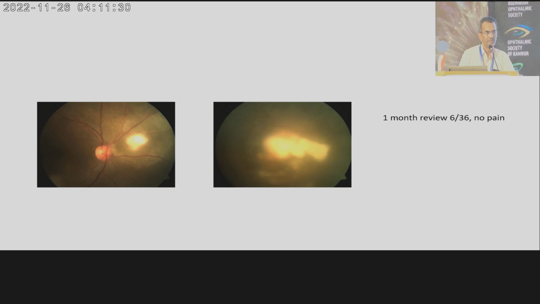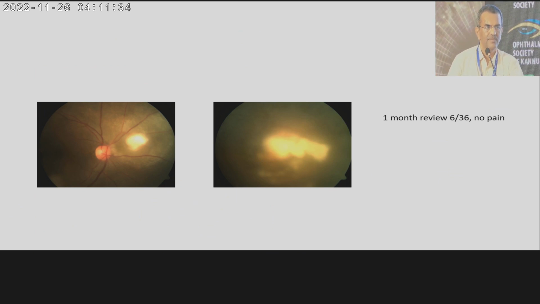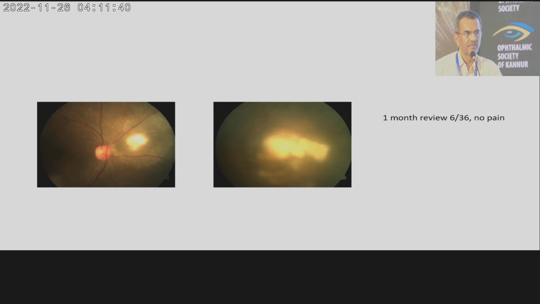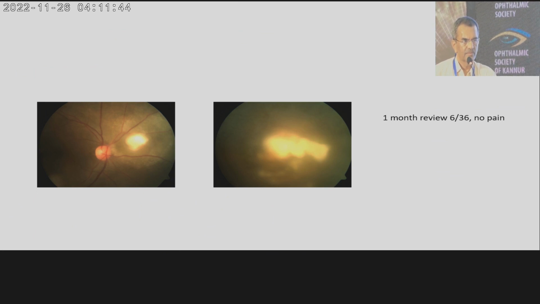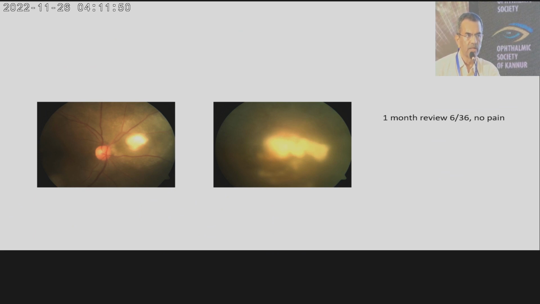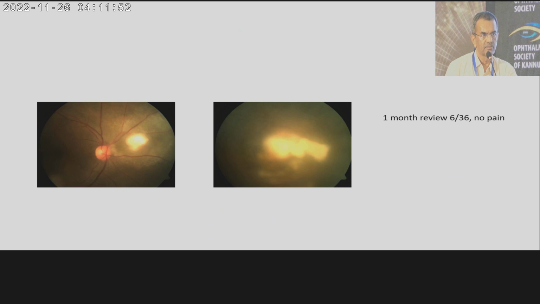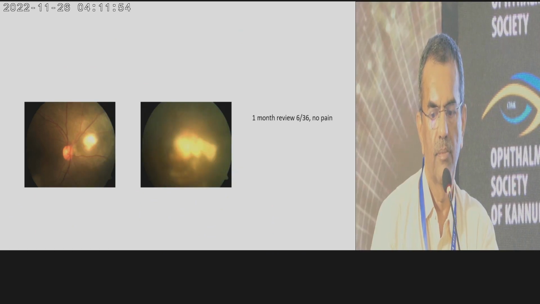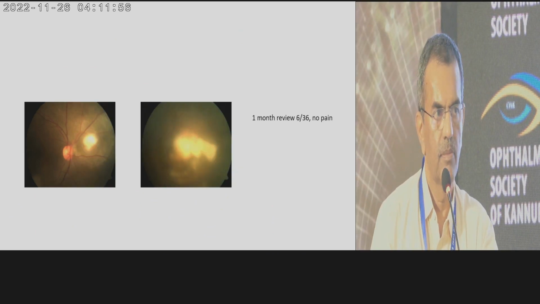We need to investigate for any other systemic condition like diabetes or any other immunosuppressed state. If the patient is diabetic, would you still take it as a delayed post-operative endophthalmitis or an endogenous endophthalmitis? Yeah, I mean the patient did not have much anterior segment involvement, I think.